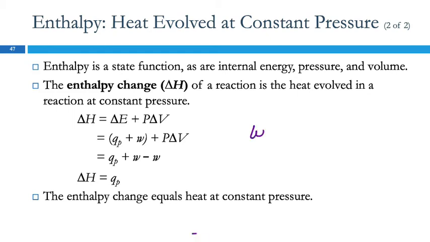Well, remember, work is equal to negative P delta V. So this piece right here is equal to negative W, and the W's go away. It's magic. It's math magic. And we end up that the change in enthalpy is equal to the heat at constant pressure.